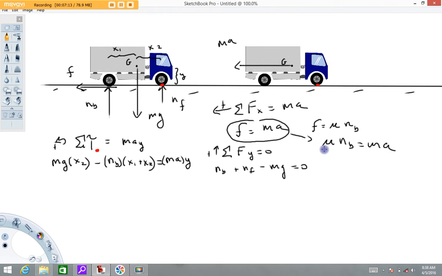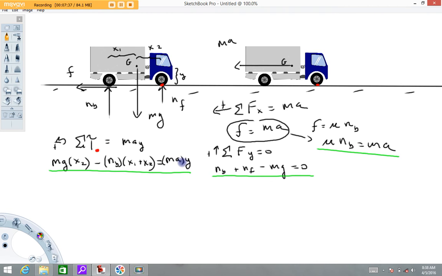So now comparing, and I'm going to do these in green, this equation and this equation, and counting unknowns: back normal, acceleration. Look over here now, we've got front normal, acceleration, back normal, and that's it.